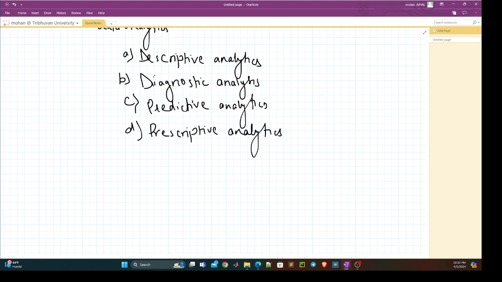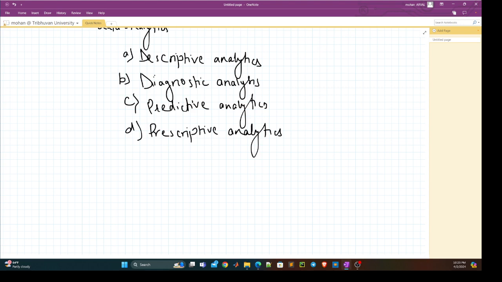Diagnostic analytics is a form of advanced analytics which examines data or content to answer the question, why did it happen? Diagnostic analytics aids an analyst to dig deeper into the issue so that they can arrive at the source of the problem.